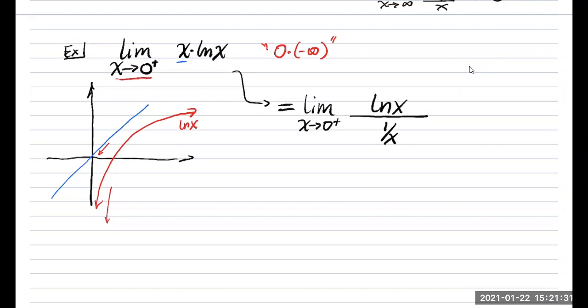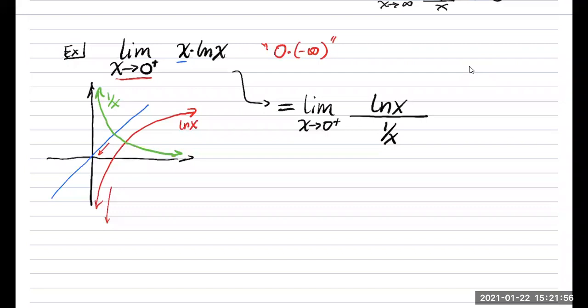Do you see that? I have the basic reciprocal function in the denominator. What does 1 over x look like? Well, let's just add that to our picture over here. Why not? Here's what 1 over x looks like. Okay. Now notice, as x approaches 0 from the right-hand side now, the logarithmic function, the red graph, decreases without bound.